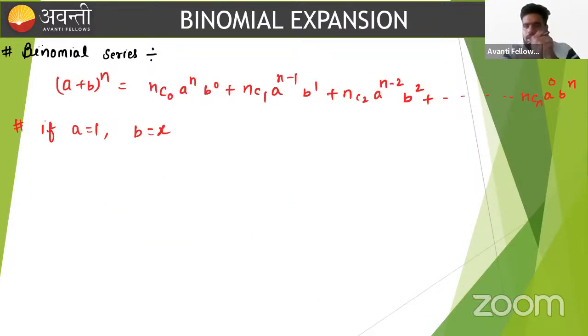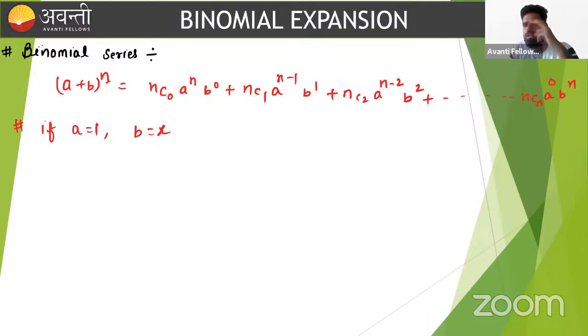The next important concept: most of the time we have to assume that we apply the binomial theorem in physics. That's why we should also have some basic idea about the binomial series. According to binomial expansion, (a plus b) raised to power n, if the power n is given here, how can we expand this series?